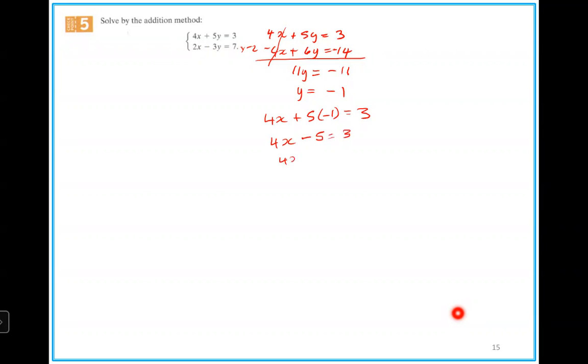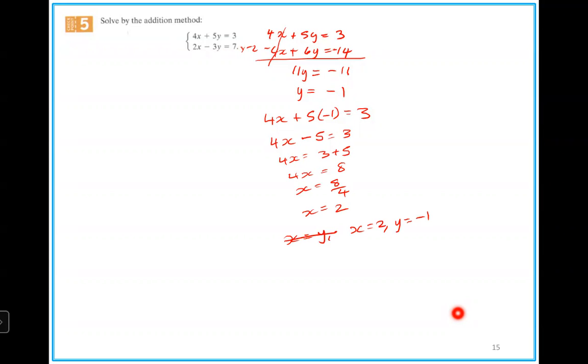So 4x would be equal to 3 plus 5. 4x equals 8. So x would be equal to 8 over 4. x equals 2. So x equals 2, y equals -1.